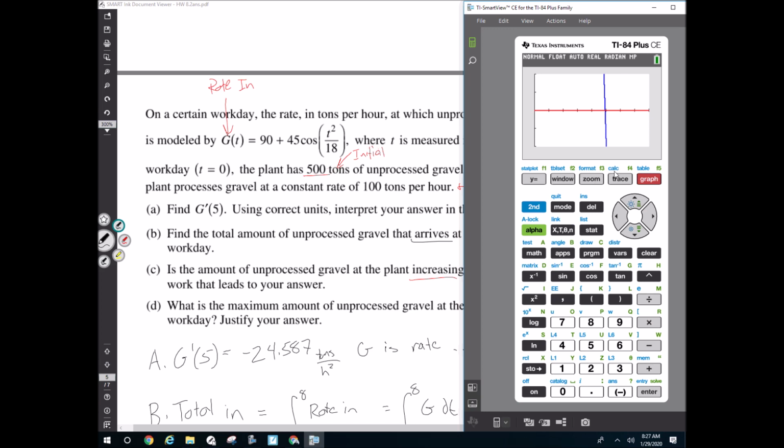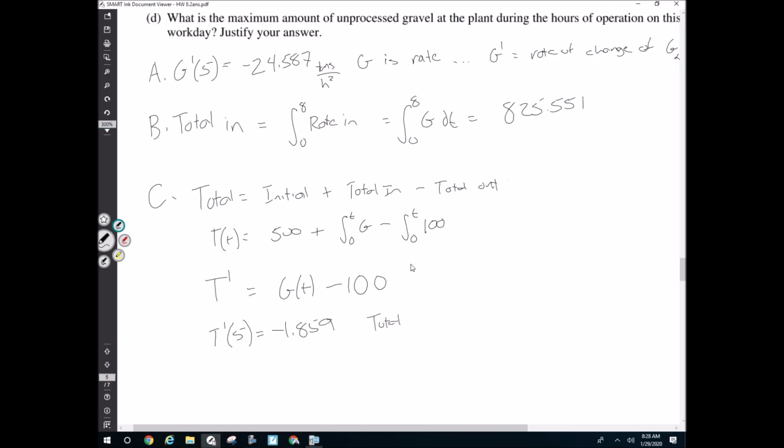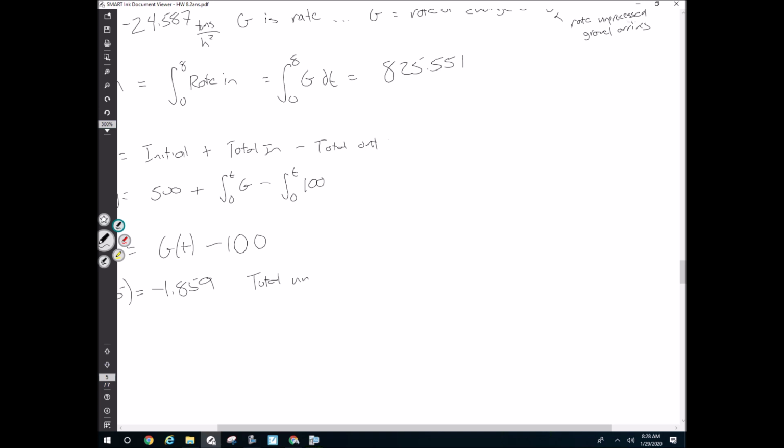Okay, and I'm looking at 5. T prime of 5 is negative 1.859. Therefore, the total unprocessed gravel is decreasing.